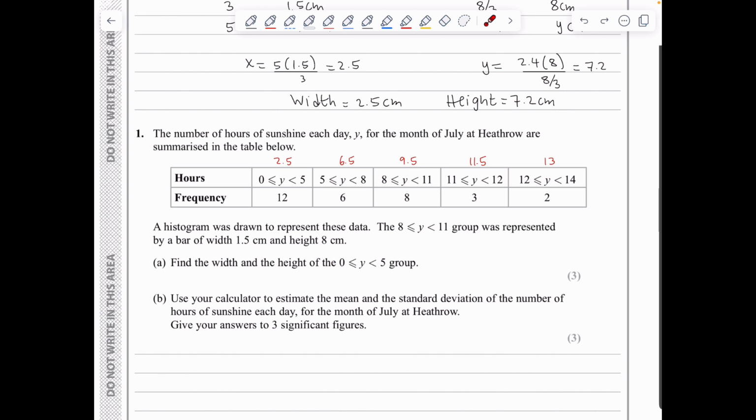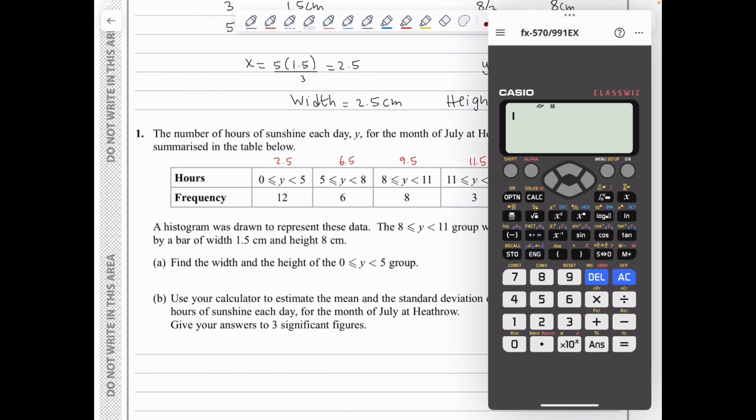And I'm going to go on my class width calculator. I press menu and then option 6, and I choose one variable. So in the column that says X, I'll be inputting my midpoints. So 2.5, then it's 6.5, then it's 9.5, then we've got the 11.5, and then it's the 13.